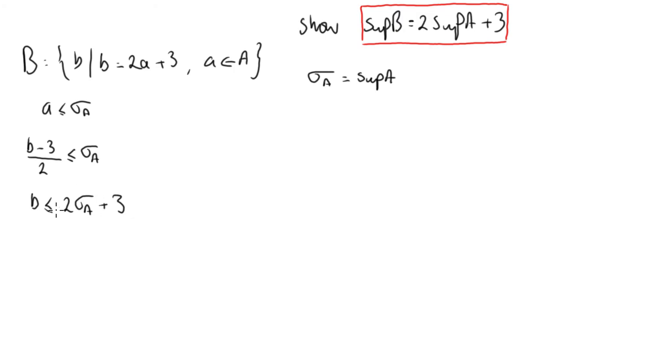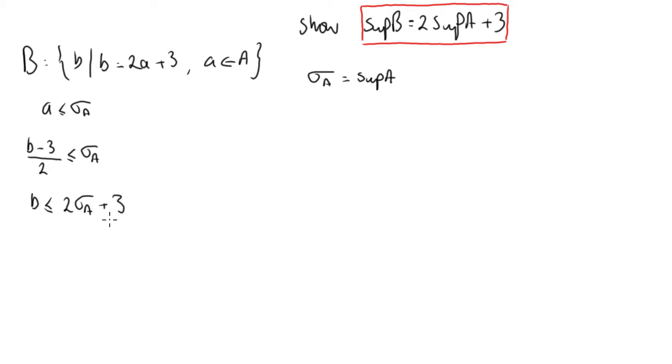So we have shown that the set B is bounded above. This small b could be any element from set B, and any element in set B is smaller than or equal to twice the supremum of A plus 3.